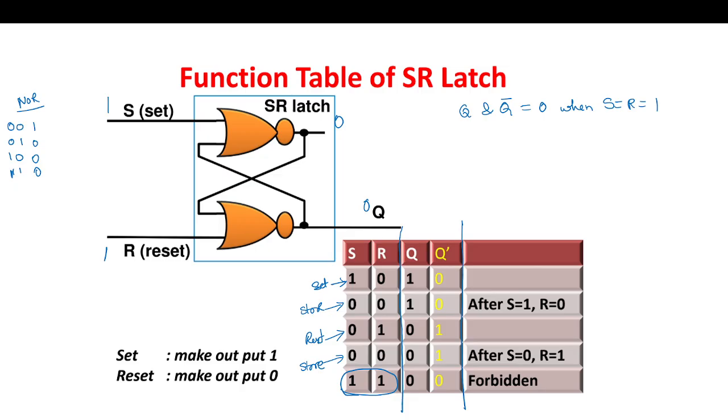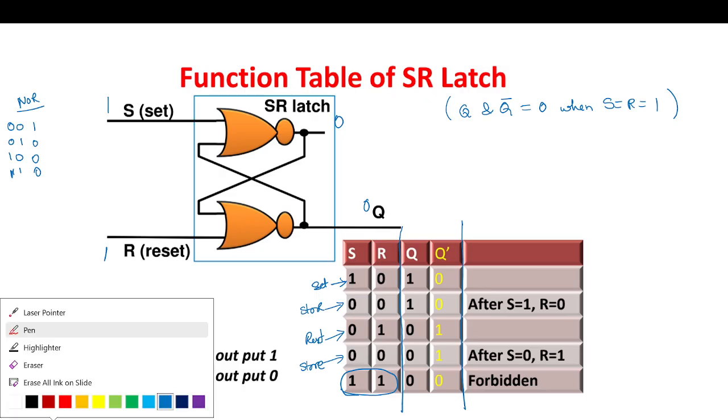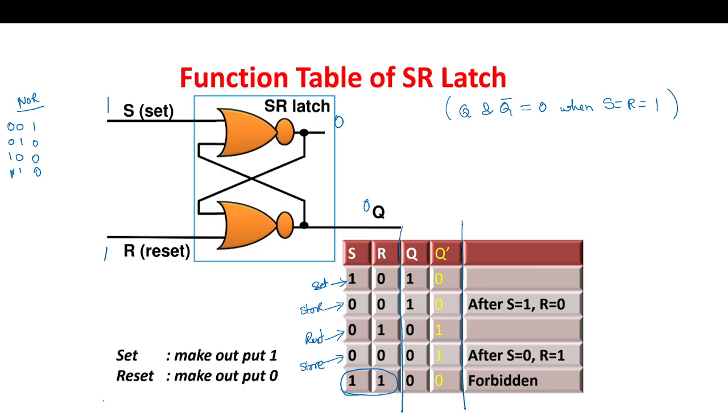But this is not allowed, first because both Q and Q bar cannot be same, it should be complement values. Next we apply 0, 0, which is used for store state.